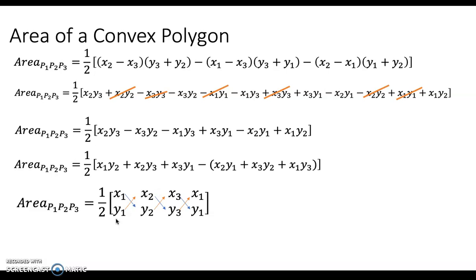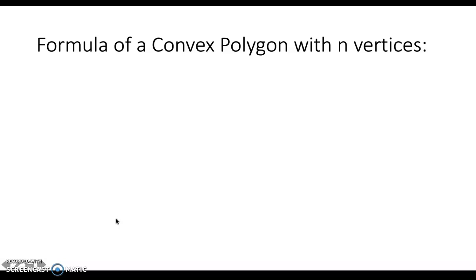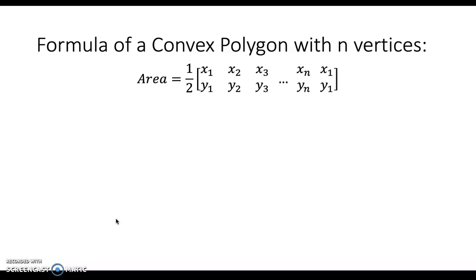Okay. This time, we can now generalize the area of any convex polygon having a specific n vertices. Okay, so the formula of a convex polygon with n vertices is simply 1/2 the determinant of a matrix given the coordinates of each vertices, x sub 1 until x sub n, then you copy x sub 1, y sub 1 at the last entry for the column.